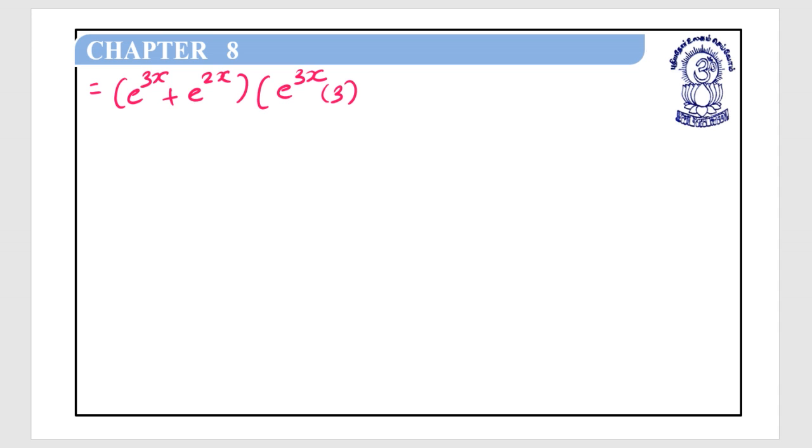Okay. Minus e raised to 2x, differentiation of e raised to 2x is e raised to 2x, but 2x is not in the standard form, so again take the differentiation of 2x, which is 2.